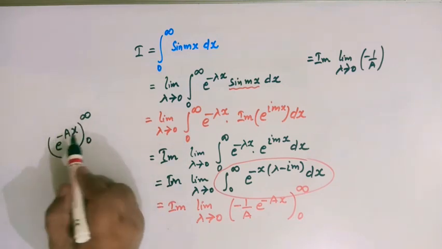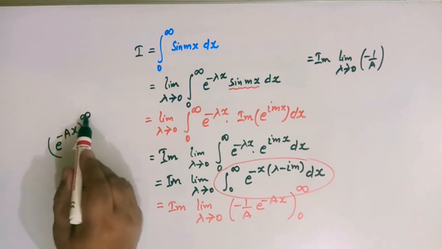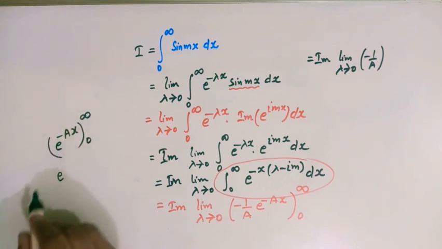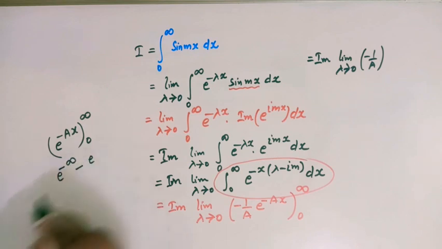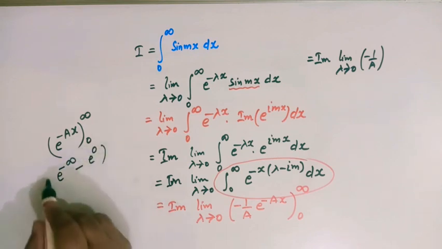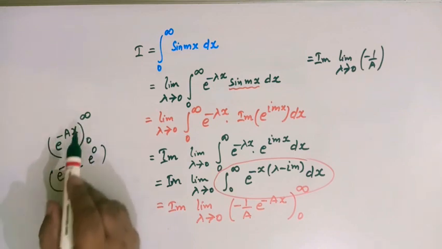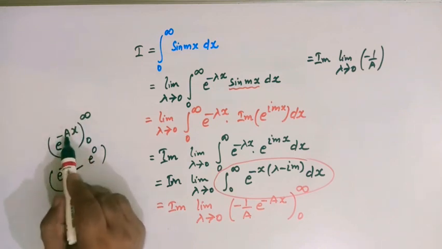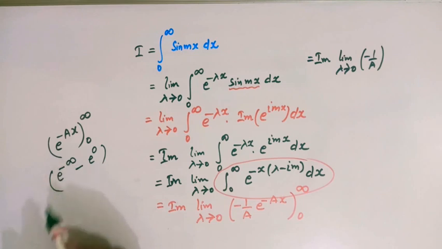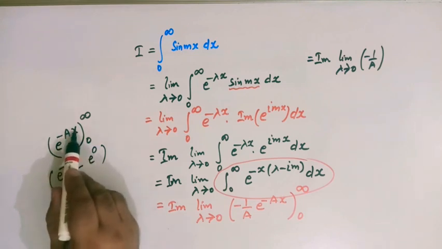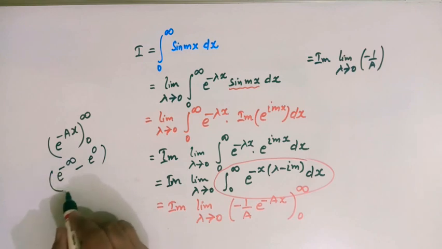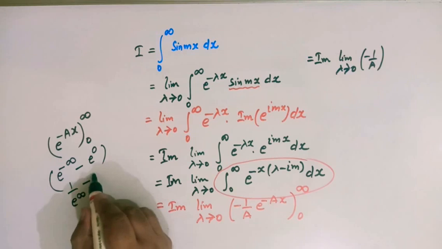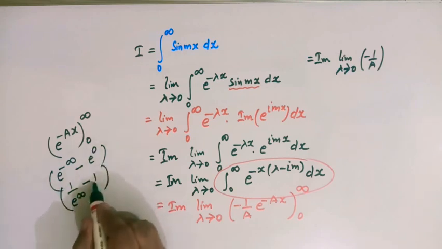Now if we substitute infinity here, we have e raised to minus infinity, and then minus e raised to 0, for the lower limit 0. Now e raised to minus infinity is 1 over e raised to infinity, which is 1 over infinity, that is 0. And e raised to 0 is 1.